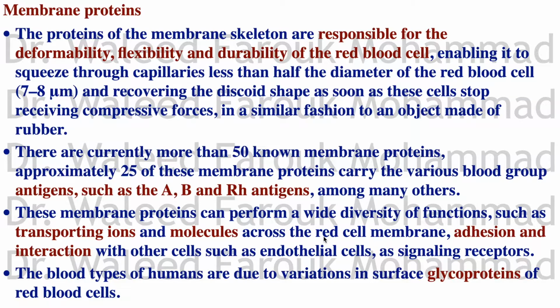There are around 50 known membrane proteins in the membrane. 25 of these membrane proteins carry the blood grouping antigens, such as the antigens for A and B and the Rh antigens.